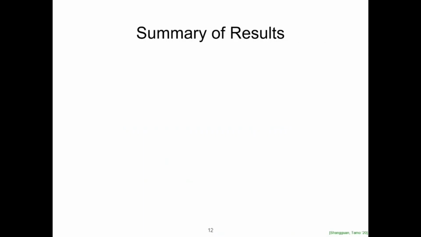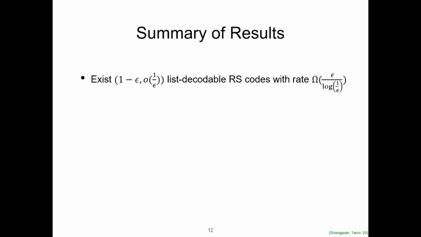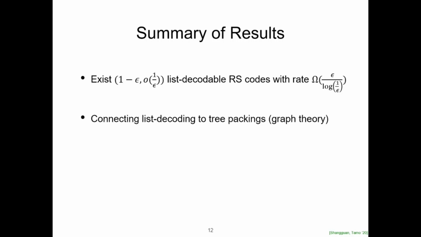Here's a summary of the results in our paper. First, as a main result, we show that there exist list decodable Reed-Solomon codes with radius 1 minus epsilon, list size O of 1 over epsilon, and rate Omega of epsilon over log 1 over epsilon. And curiously, our proof technique shows an interesting connection between list decoding and the notion of tree packings that is well studied in graph theory.